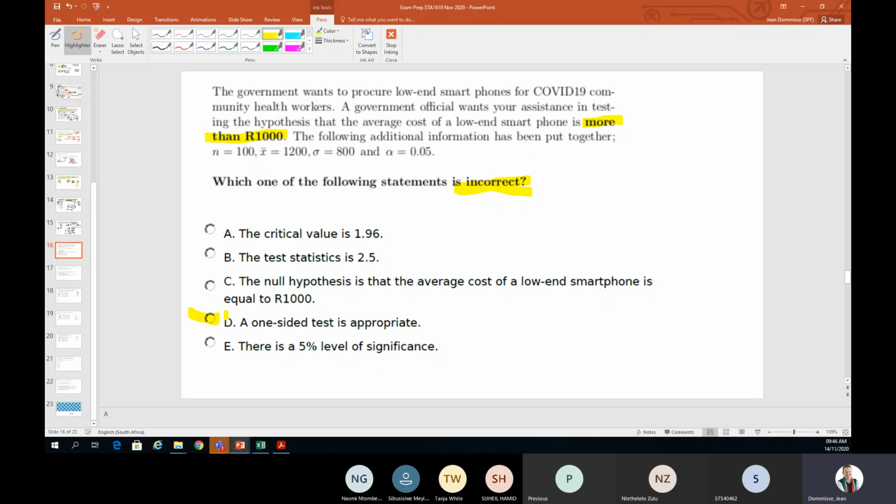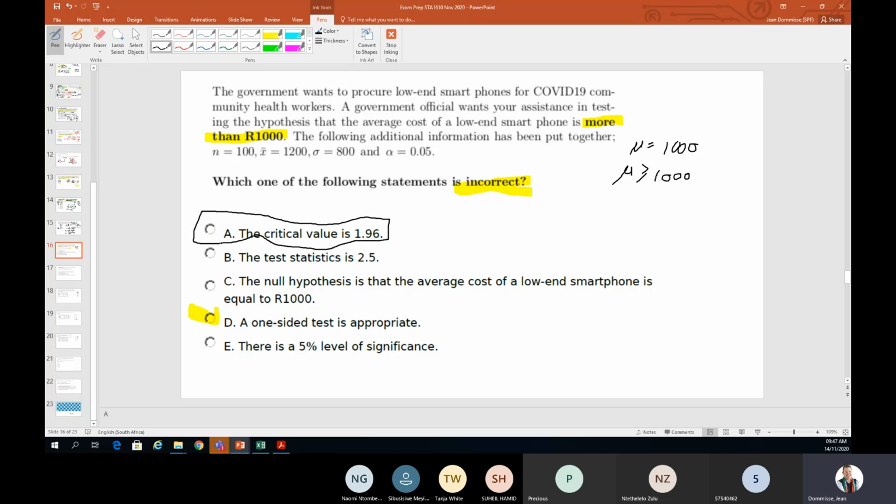We're looking for the incorrect one. Okay, that's correct. So let's write. They're testing that, so your null hypothesis is that, and your alternative is that.